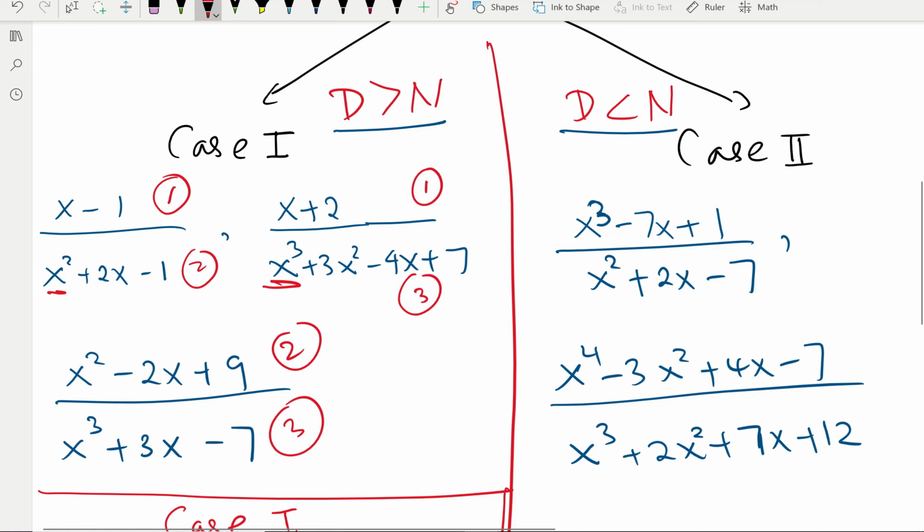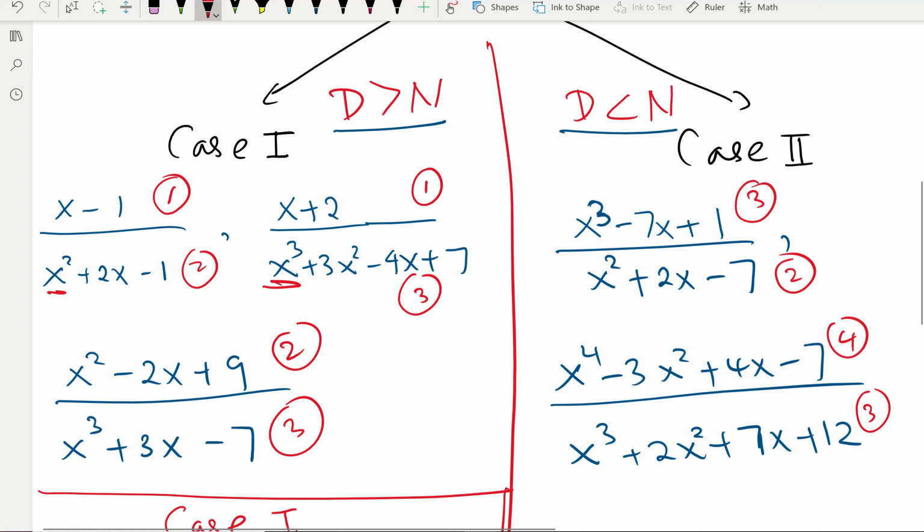So in all these three examples, the denominator is larger than the numerator in terms of degree. In case 2, the degree of the numerator is 3, the degree of the denominator is 2, so the numerator is larger. Degree of the numerator is 4 here, degree of the denominator is 3, so again the numerator is larger. That's case 2. We treat these two cases differently when we use partial fraction decomposition.